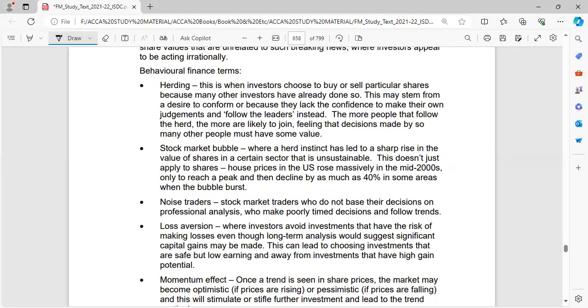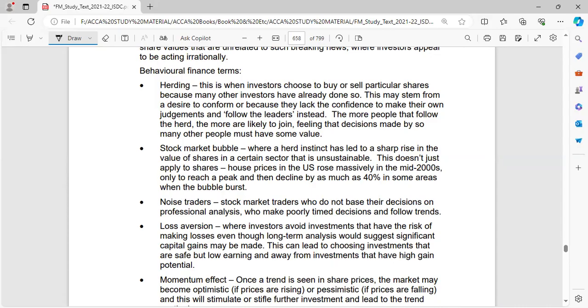This is called stock market bubble. And at a certain time, this bubble will not maintain its position and there will be a fall in the share prices after the burst of this bubble.